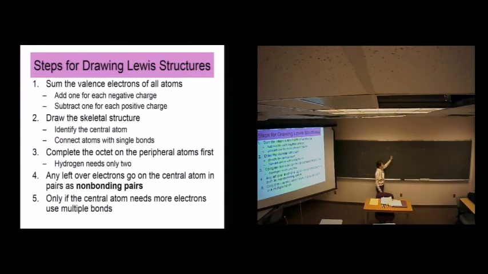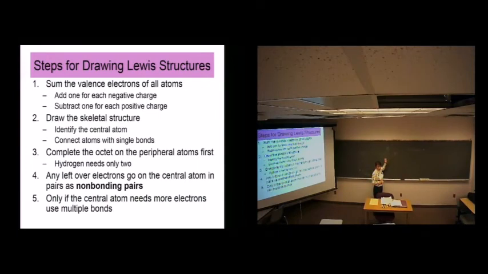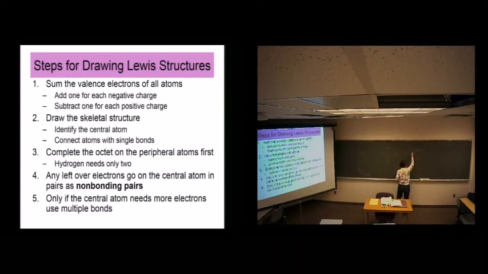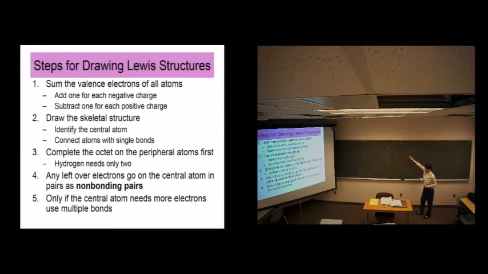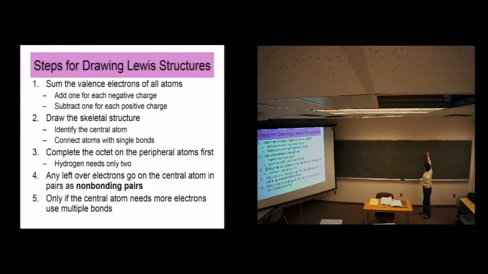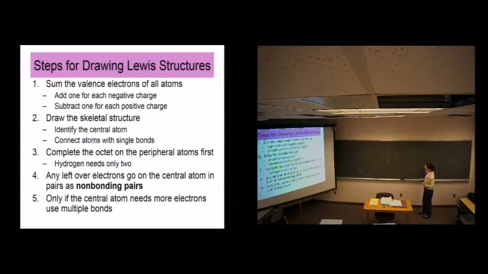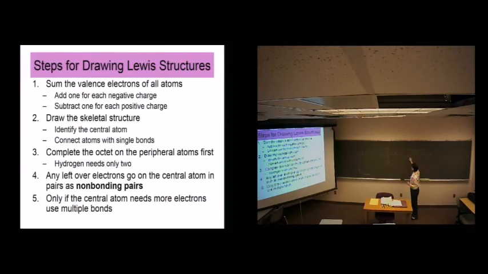And each bond has how many electrons? 2. So how many electrons did I start to use up? 8. So I'm going to subtract 8 individual electrons. Remember, these are individual. I'm not going to subtract 4 bonds. I'm going to subtract 8 individual electrons in bonds. Subtract 8. What do I get left?